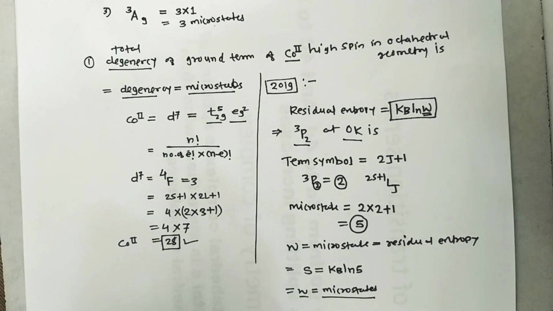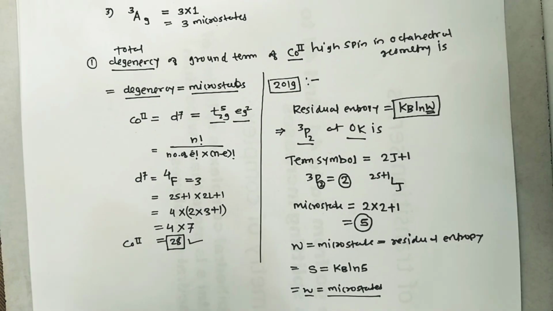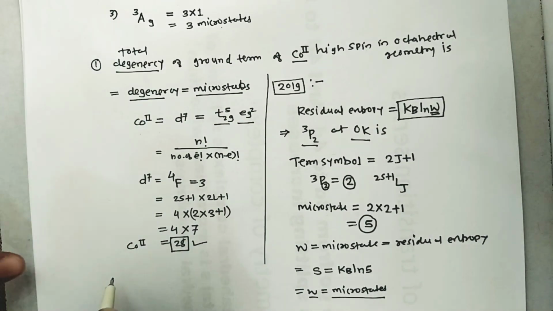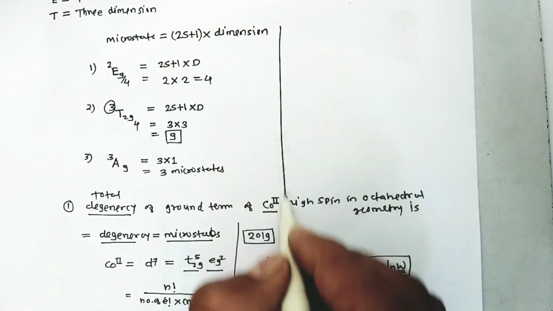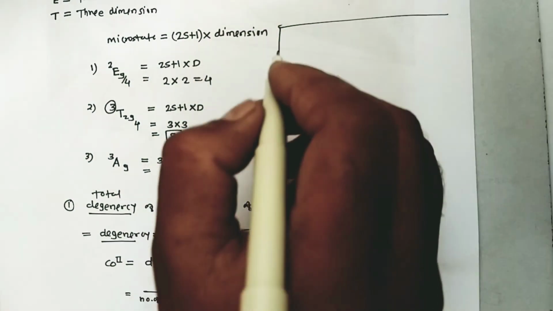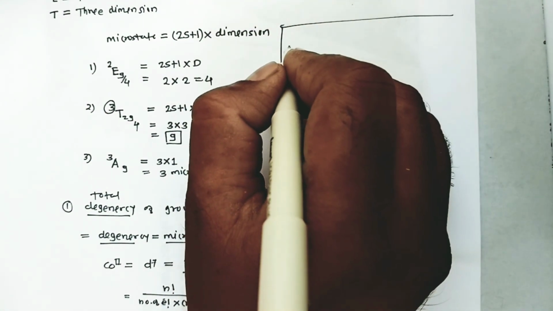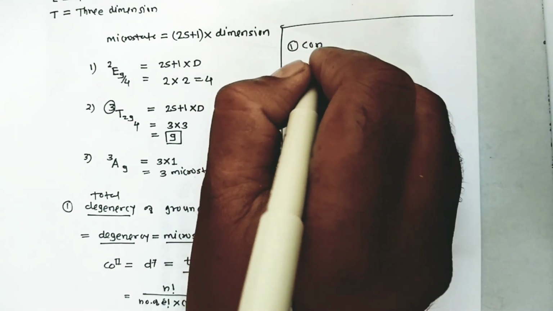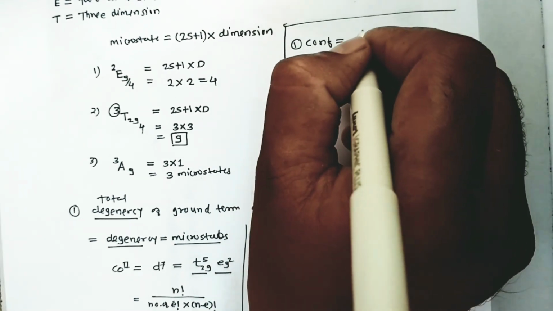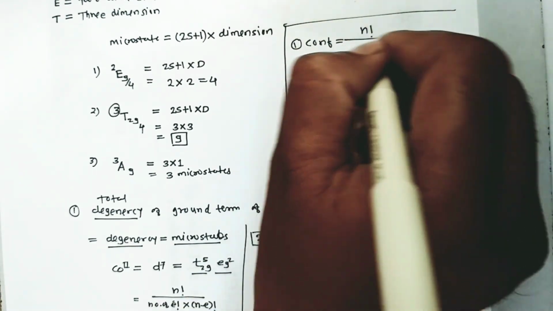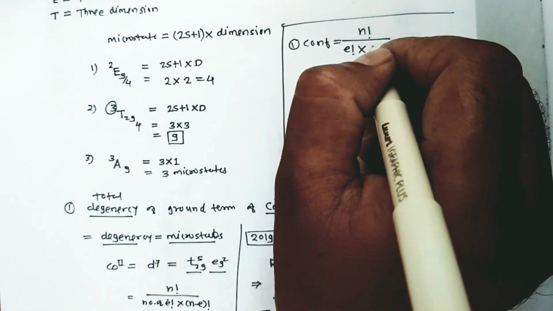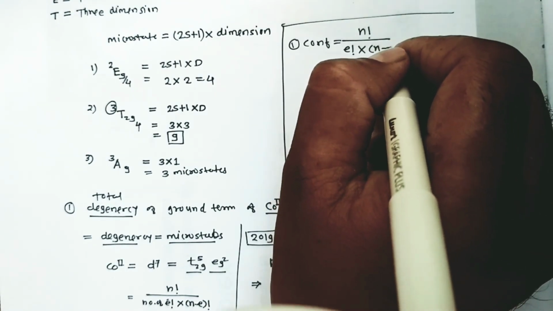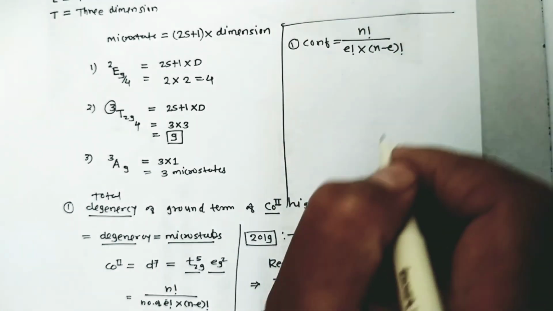So we will revise once how the number of microstates can be calculated. Now see the brief summary. When the configuration is given, you can use the formula n factorial upon e factorial into n minus e factorial.